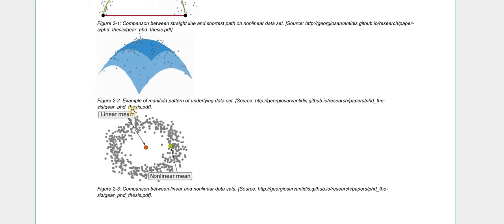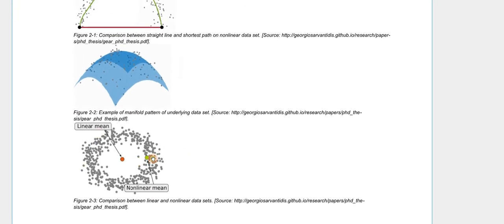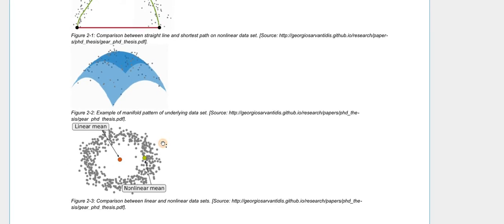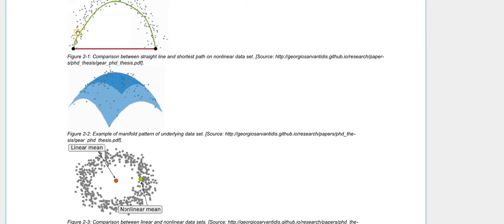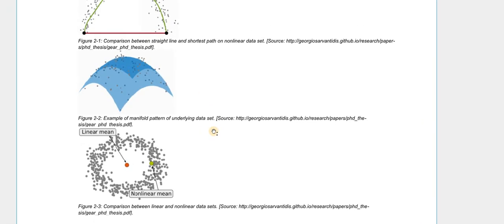So just to talk about that more, as I mentioned, when you're faced with nonlinear data, you don't want to be using the straight line distance. You have to be using the geodesic distance, which allows you to perform a nonlinear distance computation of the shortest path between 2 points. And then when you perform a cluster, you have to find the central point.